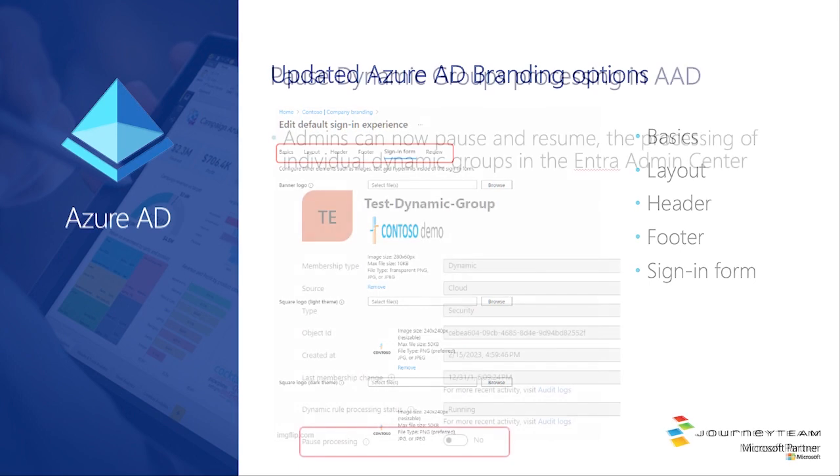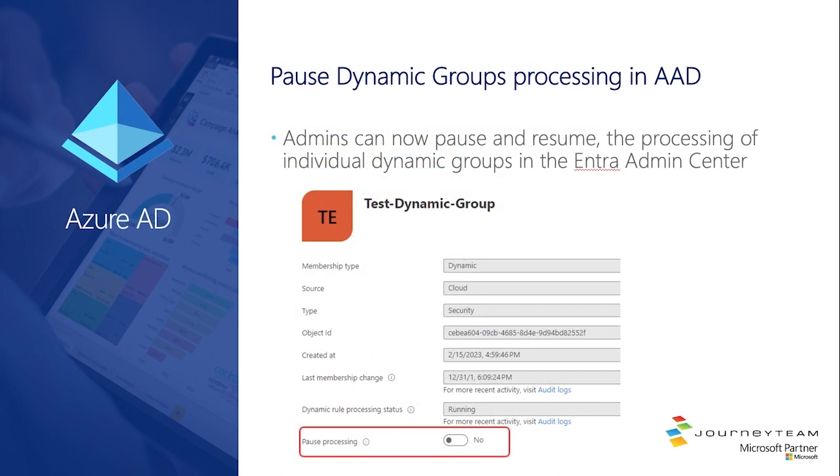Number two, dynamic groups have the ability to be paused now for processing. We use dynamic groups a lot for licensing scenarios and some other things as well. The big one obviously always is licensing. And sometimes you need to make big swath changes, where you may be adding 100 folks to a new dynamic group that's going to then apply a license or give a permission to something along those lines.